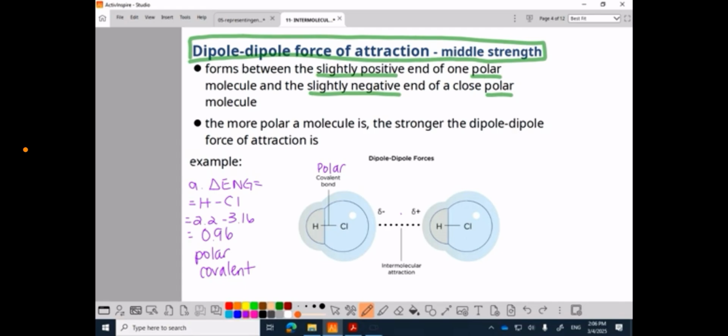All we're using is a dashed line or this dotted line because we're trying to show that the intermolecular force between molecules is weaker than the intramolecular force, which is between the hydrogen and the chlorine atoms.